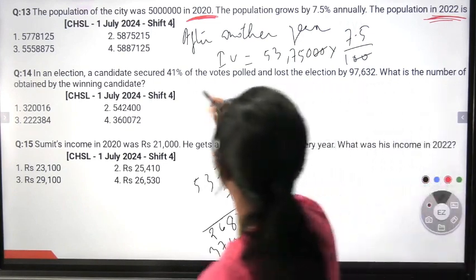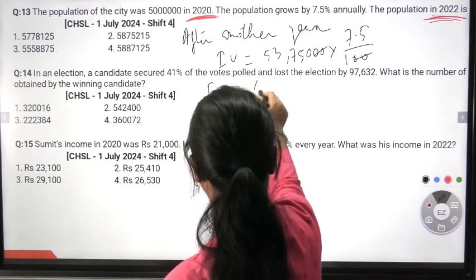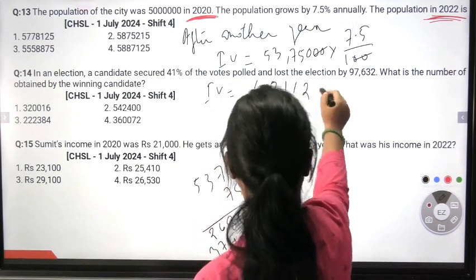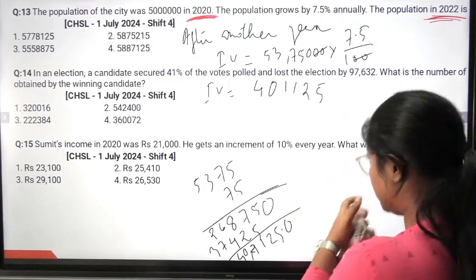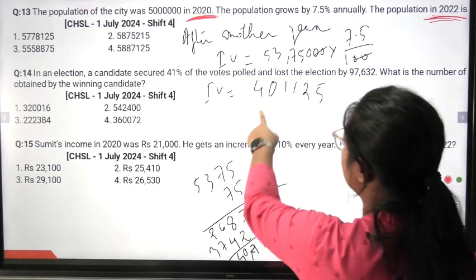So the increased value is what? 401125, because there is a decimal point, so the 0 would get cancelled. So my increased value would be this.